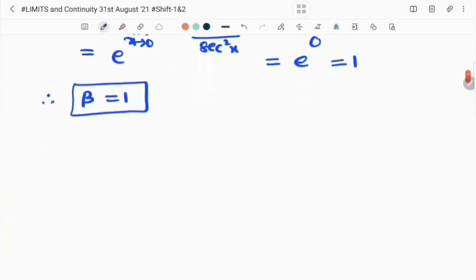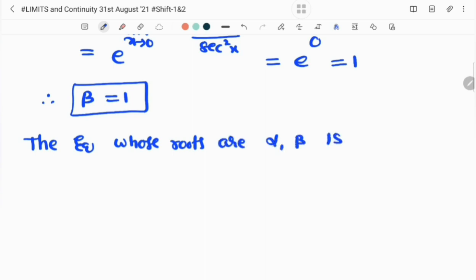We know that the quadratic equation whose roots are alpha comma beta is x square minus x into (alpha plus beta) equal to 0.